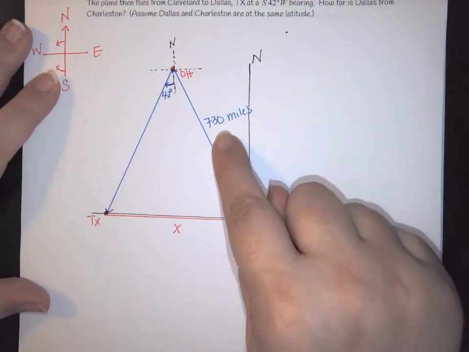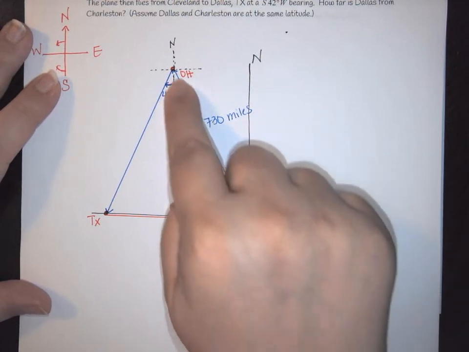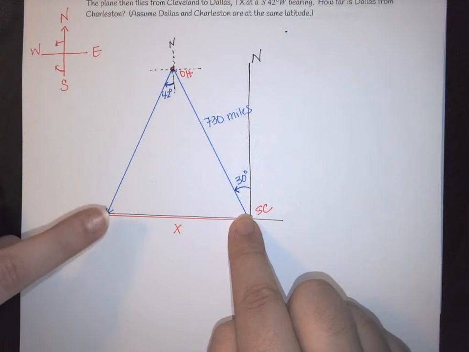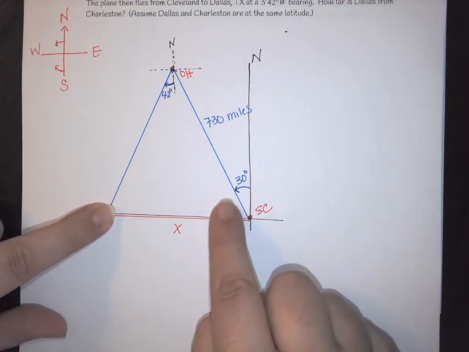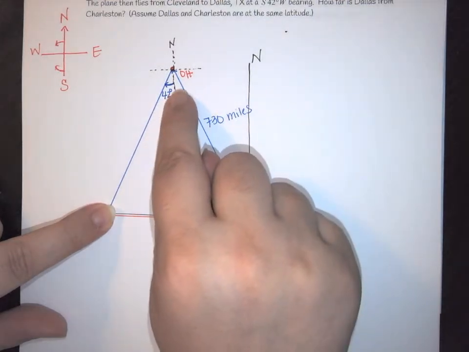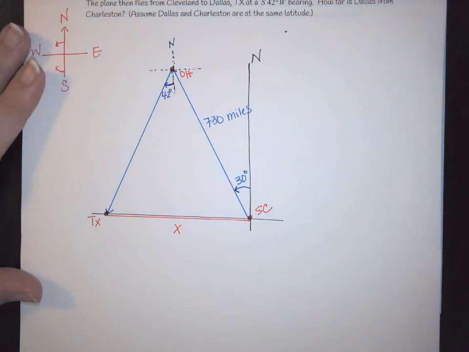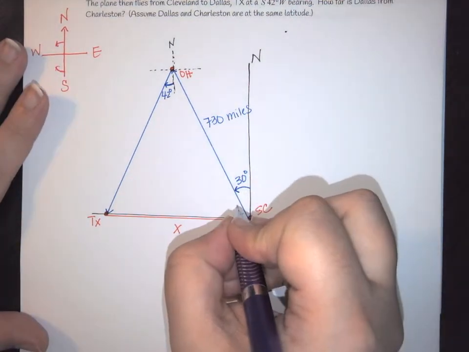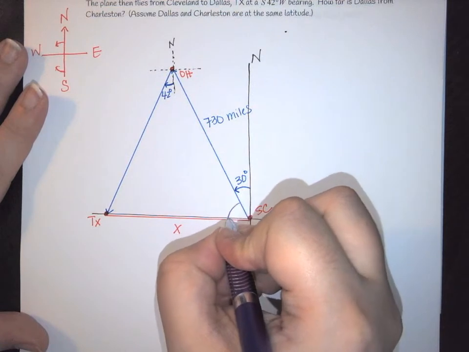First of all, the only distance I know is this side. So if I want to use law of sines, I have to be able to figure out this angle. The only way I can figure out this angle is by figuring out this missing angle and the other piece to this angle up here. Okay? So the first thing I need to find is this angle right here.